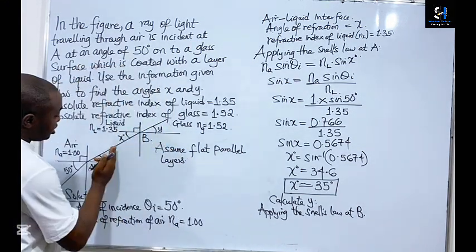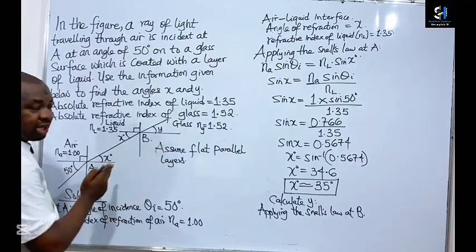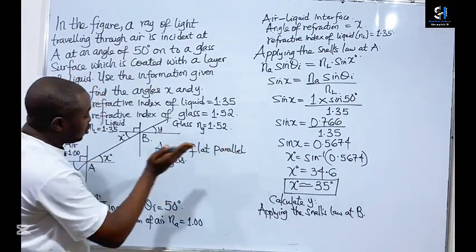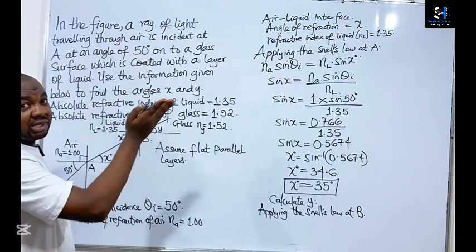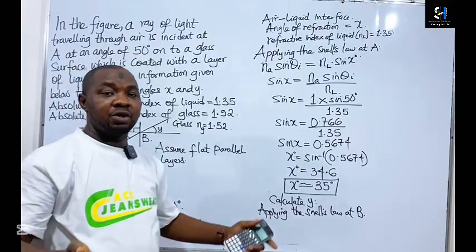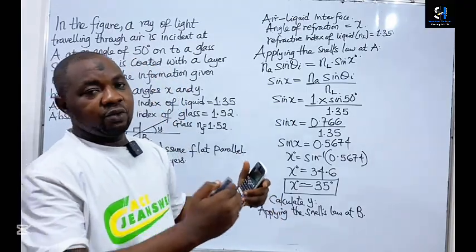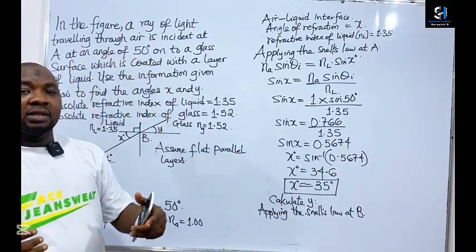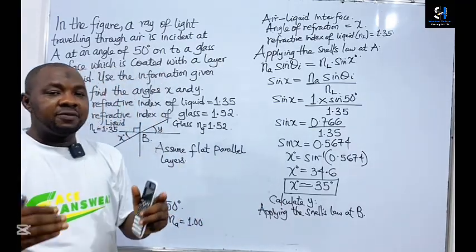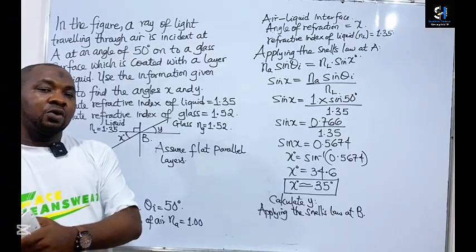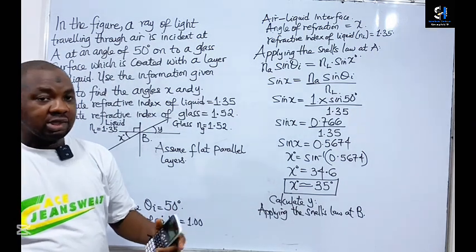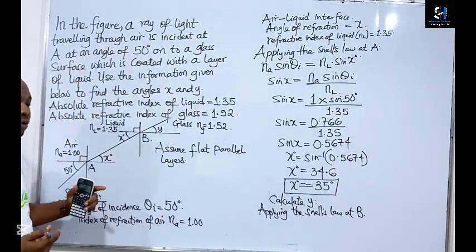This is when we talk about the liquid-glass interface, because the light passes from liquid into glass. The refracted ray makes angle y with the boundary. The phenomenon of light bending at the interface separating two material media with different indexes of refraction, or different optical densities, or different velocities of light, is what we call refraction of light.